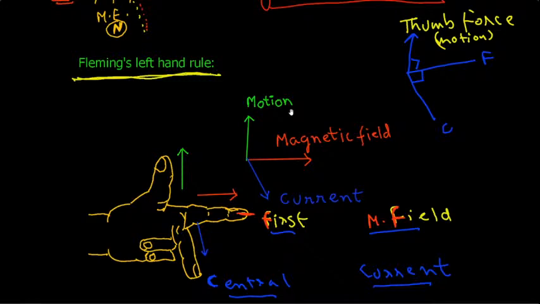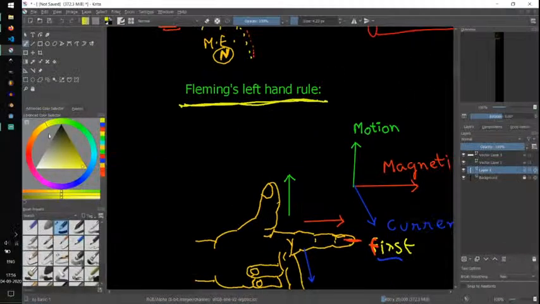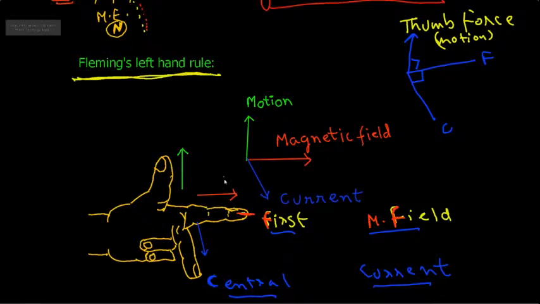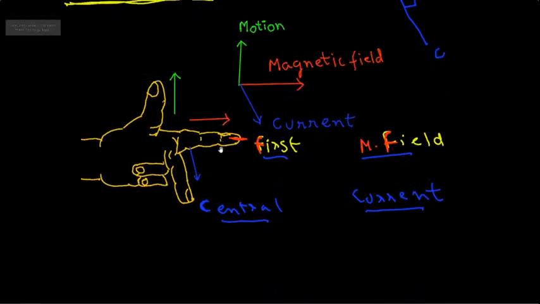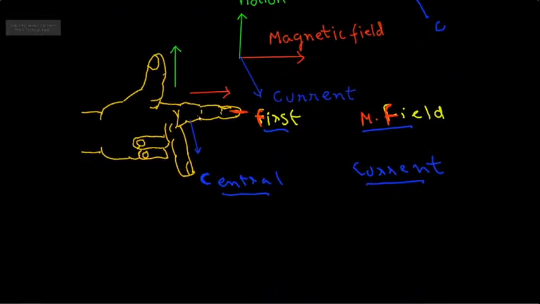I open up my first finger, followed by my central finger, followed by my thumb, and I open them in such a way, as you can see in the diagram, that all three are perpendicular to each other. First I open this and then I bring this over here, I close the other two, and then I raise my thumb.